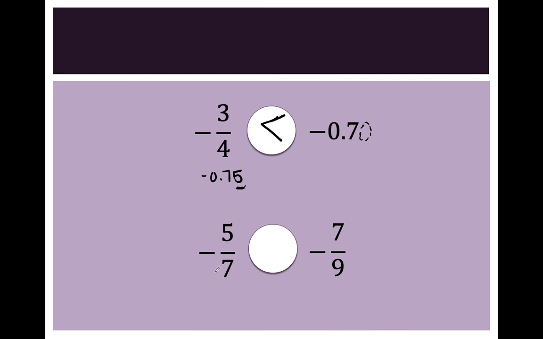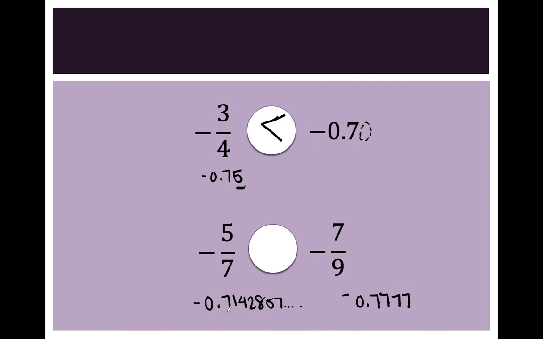For our second example, negative 5/7 is negative 0.7142857, and it keeps going on and on and on. I don't need to write down every single decimal place. I just need enough so that I can compare with the second decimal.